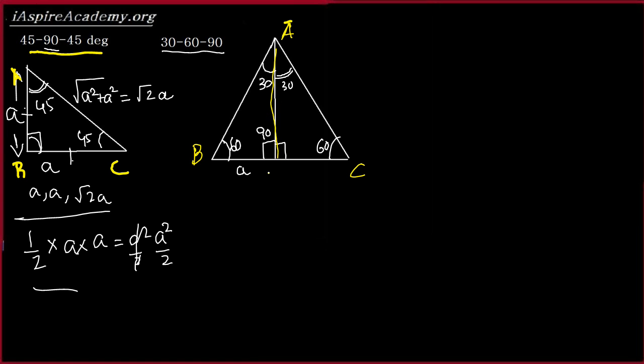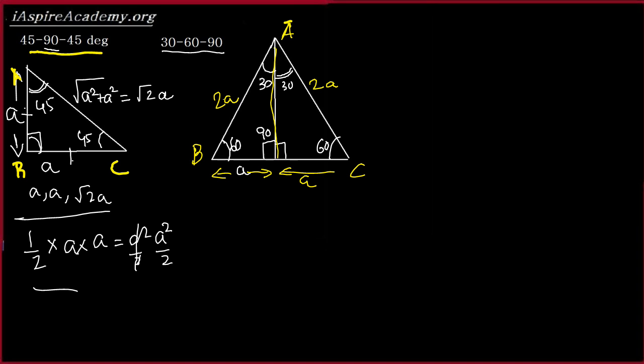So what that means is that if this is A, then this is also A, and since this is an equilateral triangle, this is 2A and this is 2A.